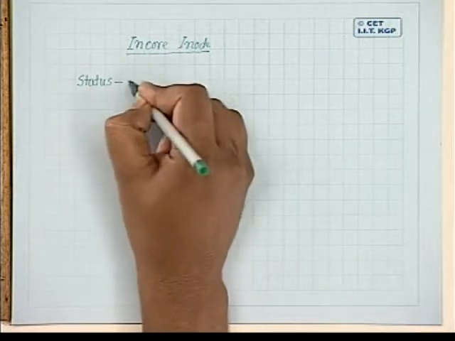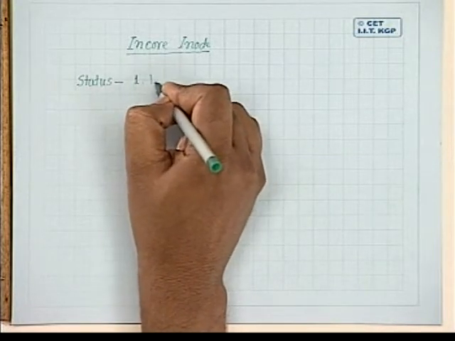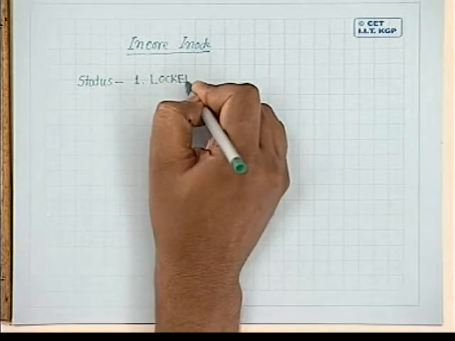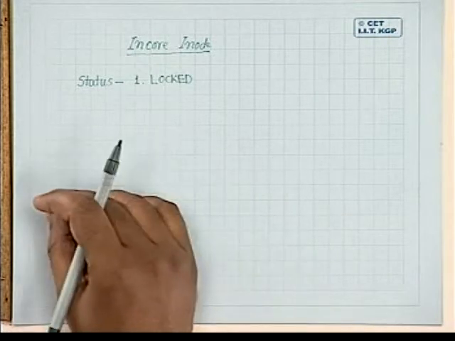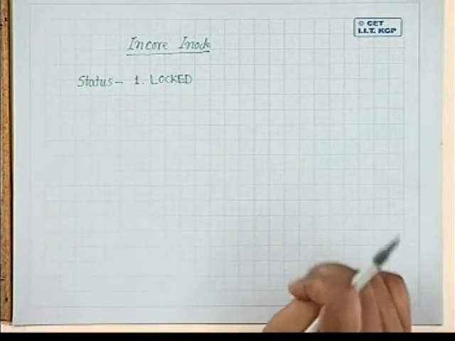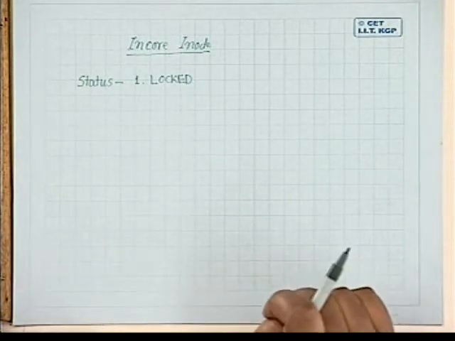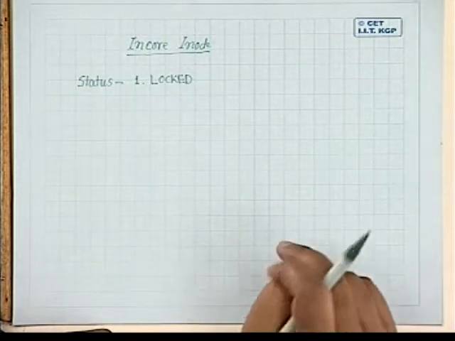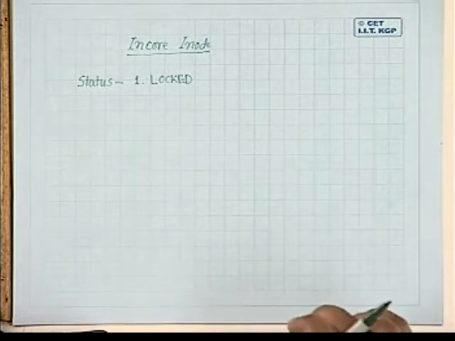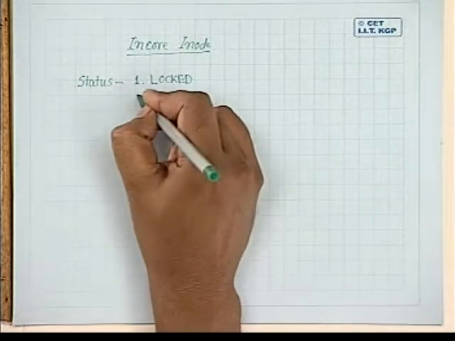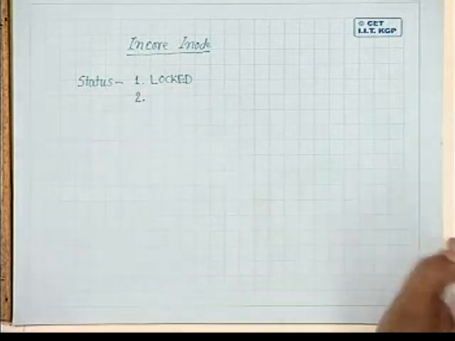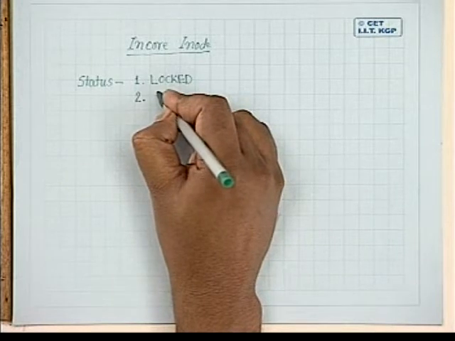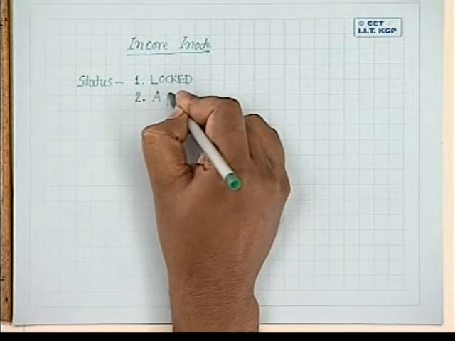The status can be that the inode is locked, that is, currently the inode may be used by some process. In this case the inode will be locked, so that if any other process tries to access the same inode, that process has to wait until it is unlocked by the process which has already acquired the inode. The second information that will be present in the status field is that one or more processes are waiting for this inode to become unlocked.